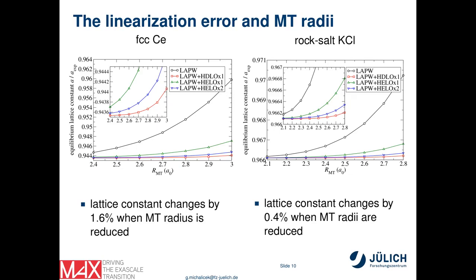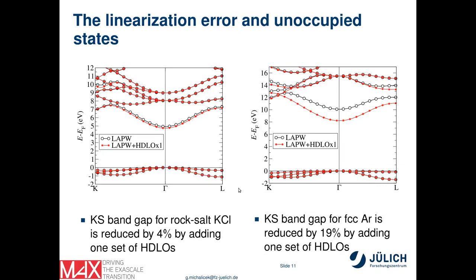Let me show you one more example. Typically, we choose our energy parameter such that we can nicely describe the occupied states, because they are used in the construction of our charge density, and the unoccupied states are not so important for us. But there are also cases where these unoccupied states become important. For example, if we want to plot a band structure, or if we want to do some GW calculation on top of a DFT calculation.